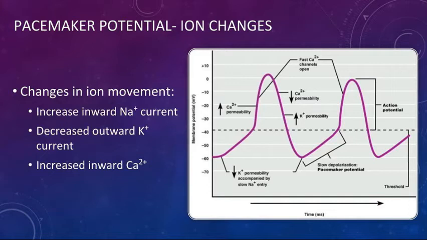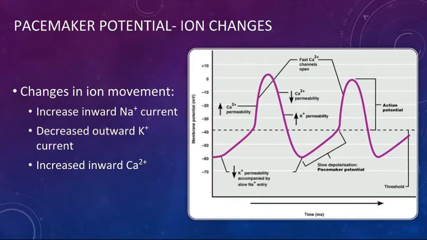Funny channels open when the potential becomes more negative, hyperpolarizes, instead of less negative like normal voltage-gated channels. This unique behavior allows for one action potential to lead directly to moving the cell membrane potential to threshold again.